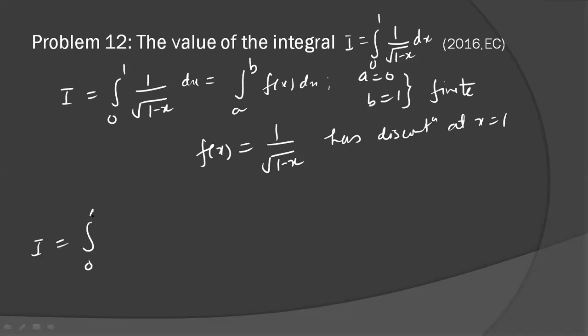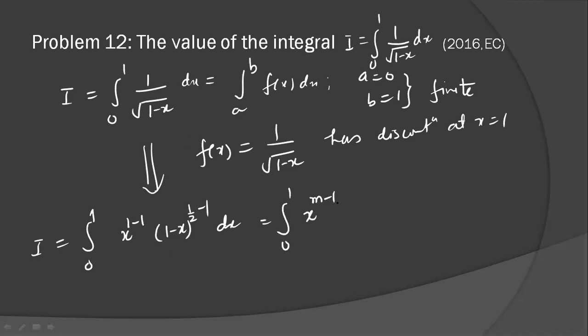So if you want, you can write it like this also: x to the power 1 minus 1, times 1 minus x to the power 1 by 2 minus 1 dx. This is equal to this integration. 1 by 2 minus 1 means minus 1 by 2. And now you can compare with 0 to 1 x to the power m minus 1, 1 minus x to the power n minus 1 dx.